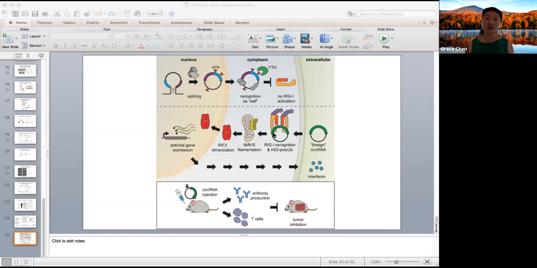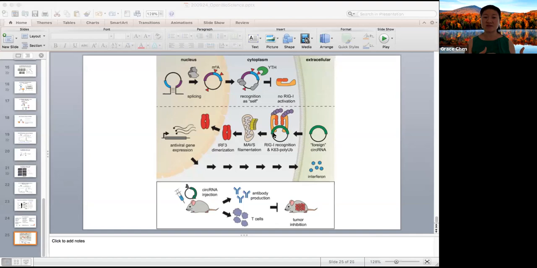So as far as we know, RIG-I is not binding endogenous linear M6A methylated RNAs. RIG-I will bind 5' triphosphate viral RNAs that are coming into the cell. And there's a group at Duke, Stacy Horner's lab, looking at the M6A methylation on viral RNAs. Before, people thought M6A was a very clear mark for distinguishing between self and non-self.